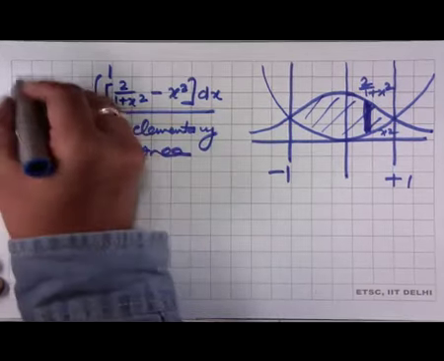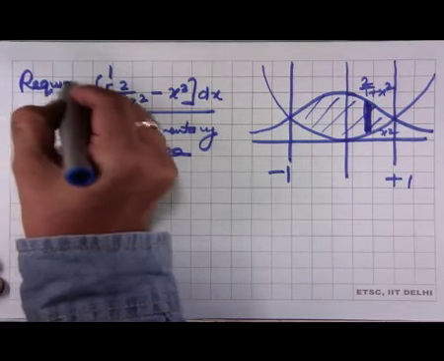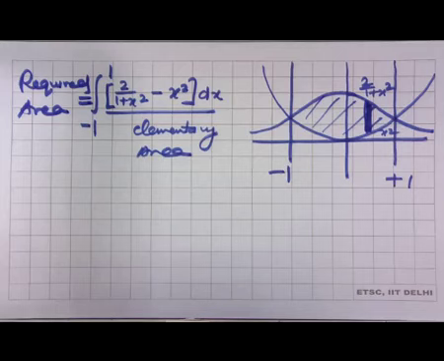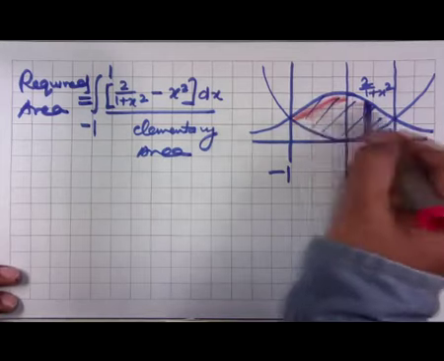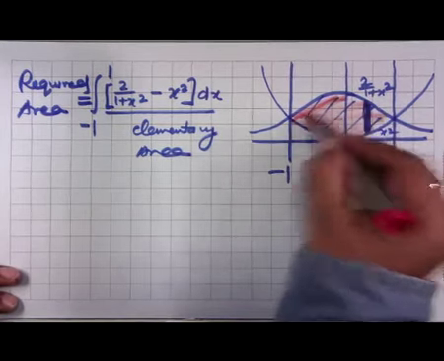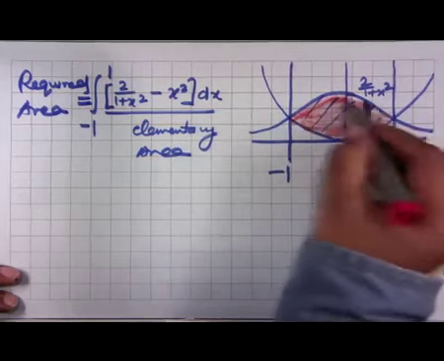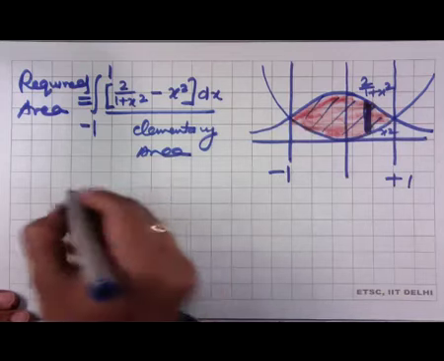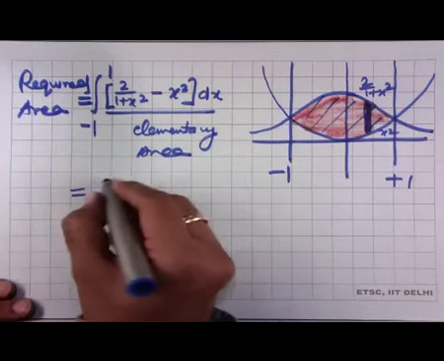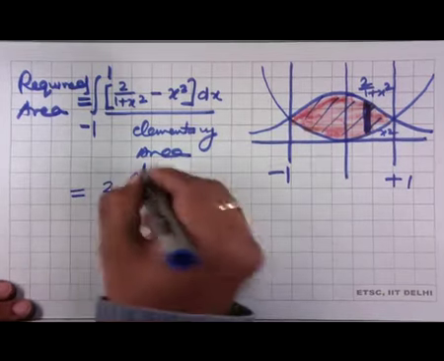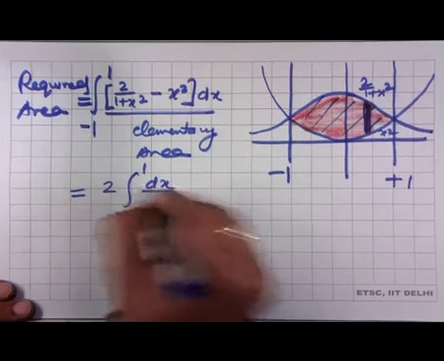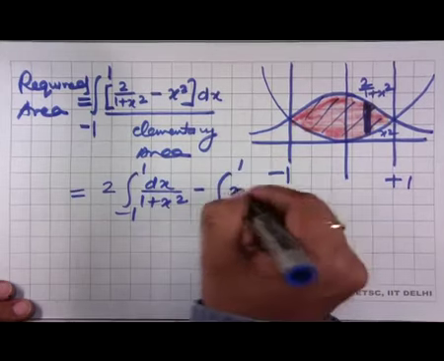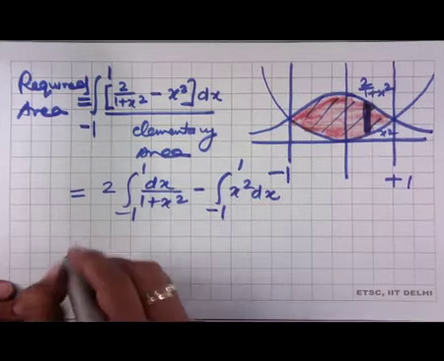So, the value of the required area, the red shaded region, is equal to 2 times the integral from minus 1 to 1 of dx by 1 plus x square, minus the integral from minus 1 to 1 of x square dx.